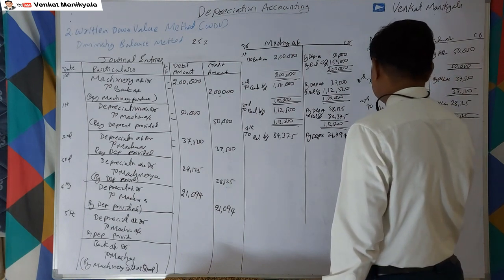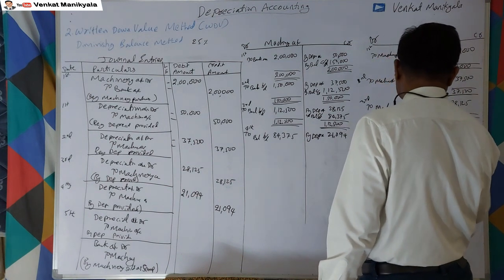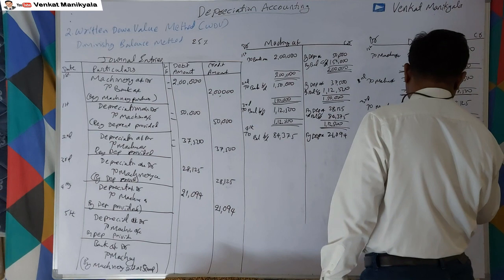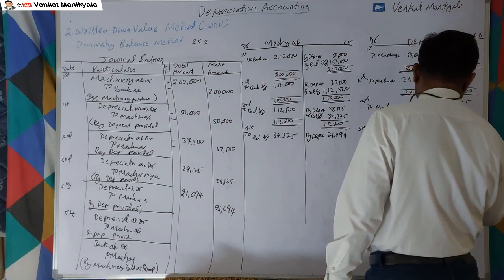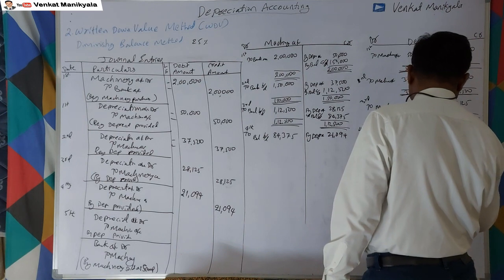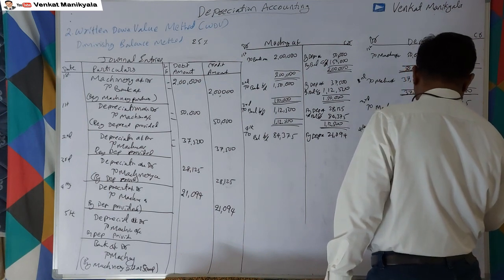This is in the fourth year. Let us transfer this amount to P&L account, by P&L account 21,094. No balance, right?